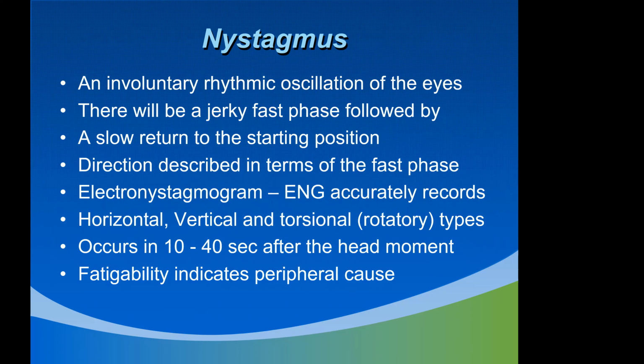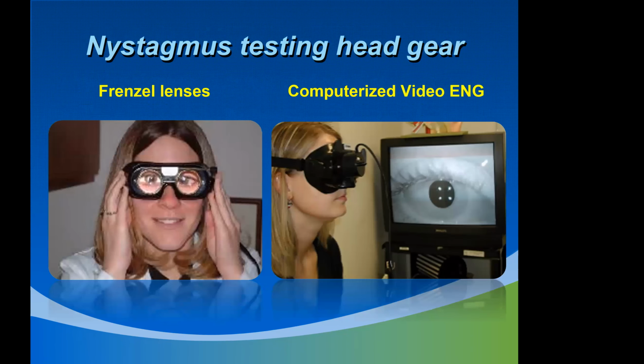Okay. Nystagmogram accurately records horizontal, vertical, torsional or rotatory types, 10 to 40 seconds after the head movement. Fatigability indicates peripheral cause. If the nystagmus is getting fatigued, it is not central nystagmus, it is peripheral nystagmus. You can see here, these are called the Frenzel's lenses.